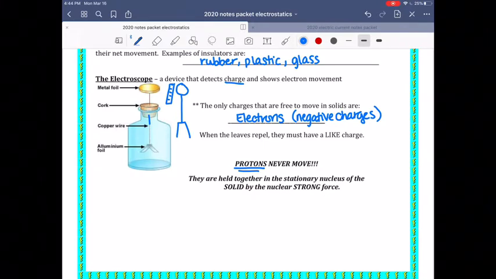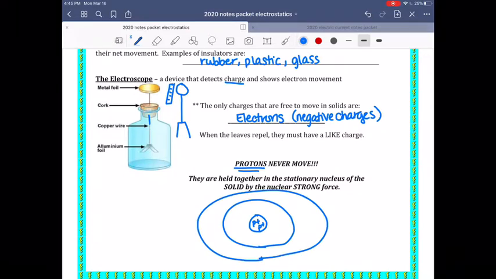Why do protons never move? Because they're inside the nucleus. When we talk about protons, they're not transferring from object to object because they're stuck inside the nucleus. The electrons are on the outside. And when we talk about charges moving around the electroscope, we're always talking about the movement of electrons only.